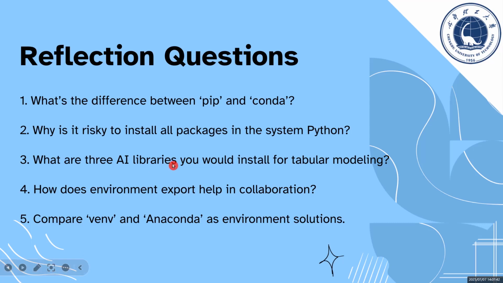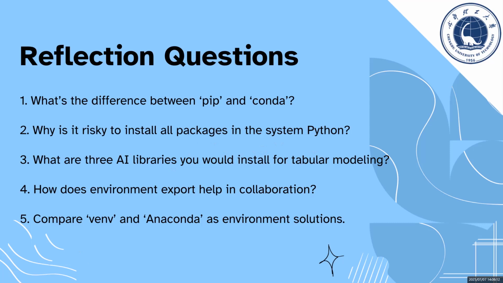Now, why is it risky to install all packages in the system Python? I've mentioned it before. Take for instance, in a system, you have one system and so many students, although that is not the case in the summer program because all of you have one system to yourself. But in such a scenario, we can create virtual environments and each user has his or her own environment to explore their projects without any version conflict.